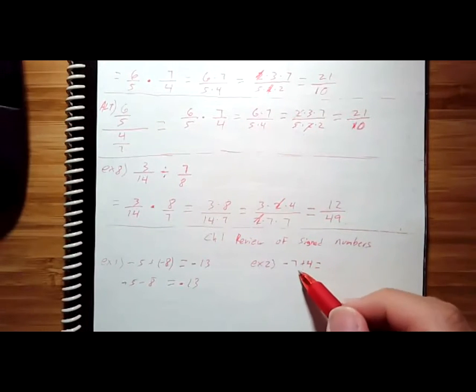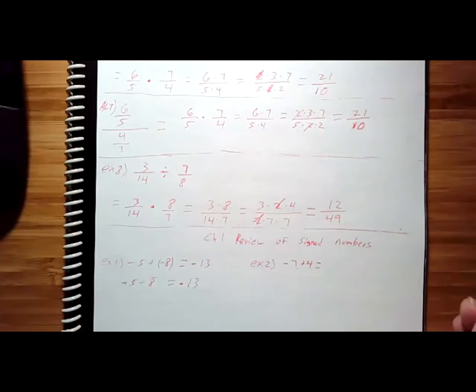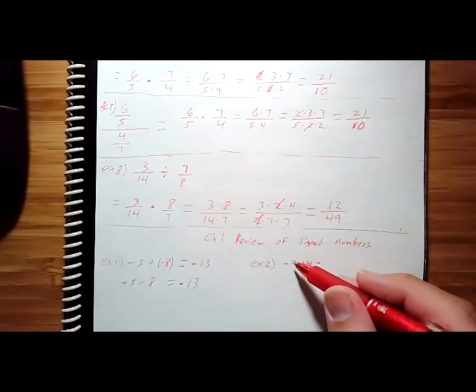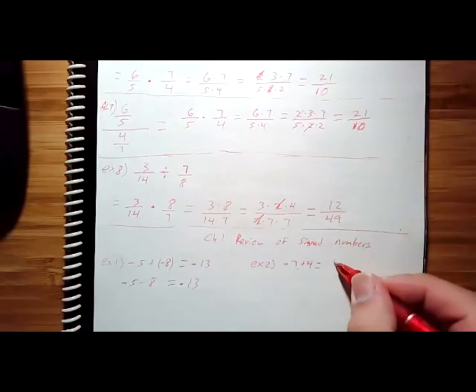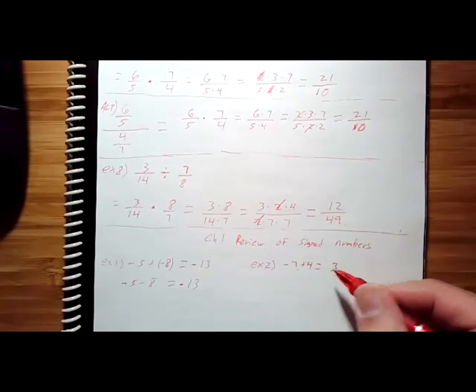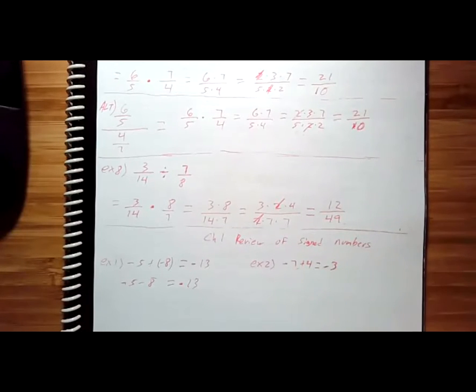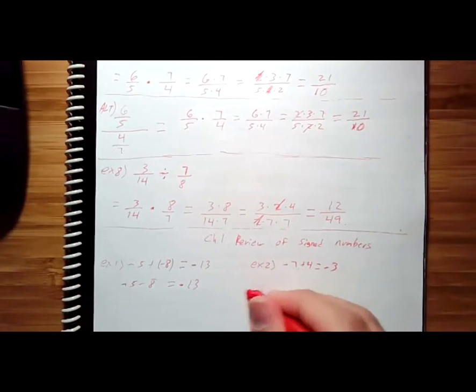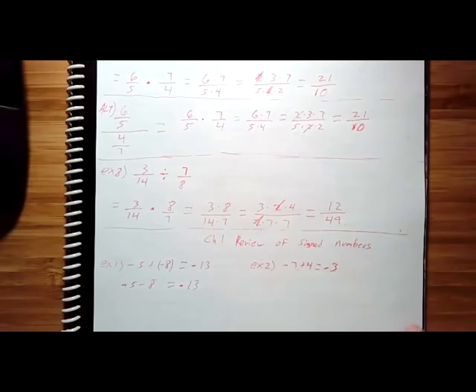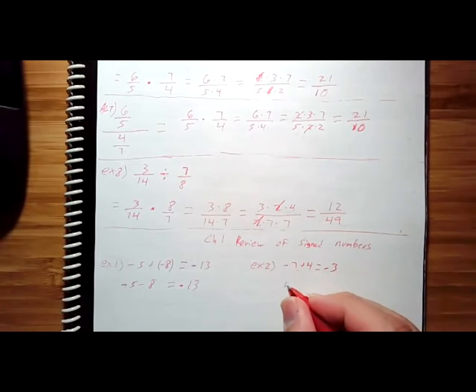So here, as soon as you see a minus, just think the easiest way to do it in your head. Just say, all right, 7 minus 4 is 3. I don't even think about it. But then you go back and say, okay, which one was bigger? 7 was bigger, so I keep that sign. That's one way you can do this. If you want to make it a little easier on yourself, that is totally fine. Now, let's say we had written it this way, right? 4 minus 7.